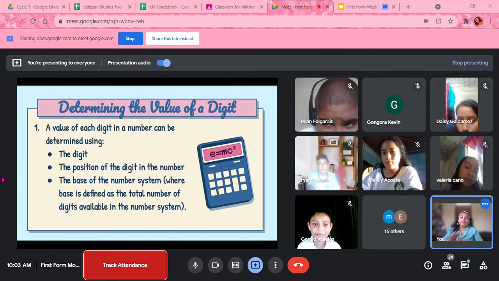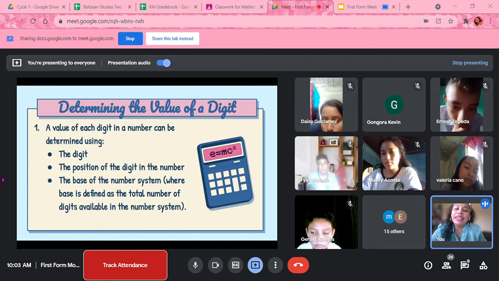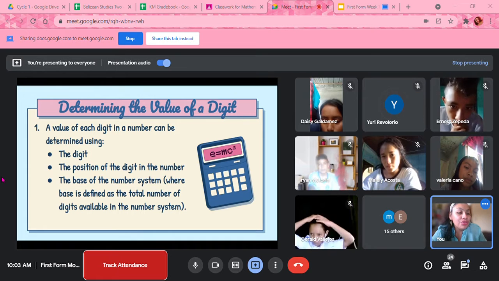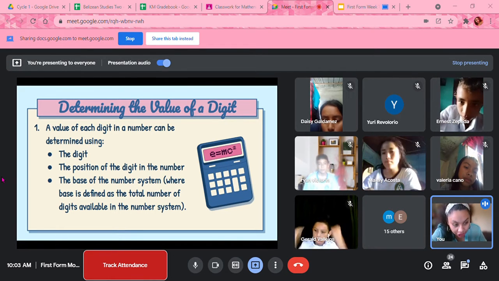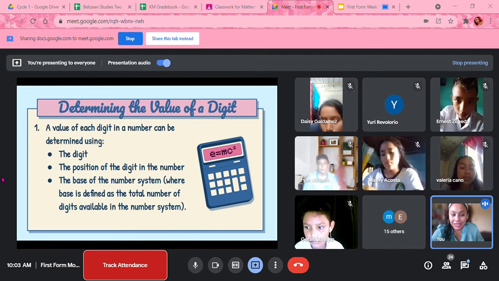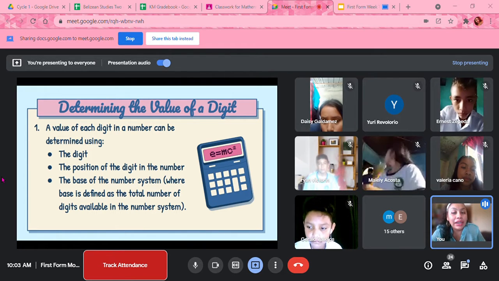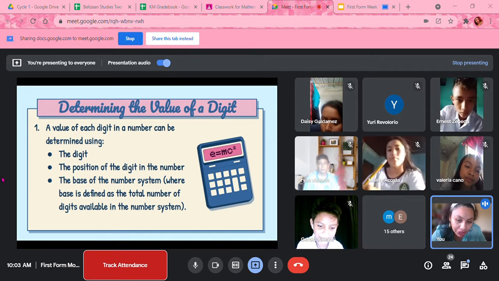Let's see. The value of each digit in a number can be determined using 3 things. You can tell me the digit. So you can tell me, okay, it's a 2. Everybody can tell me that. You know what a 2 looks like, right? You can tell me the position of the digit in the number.